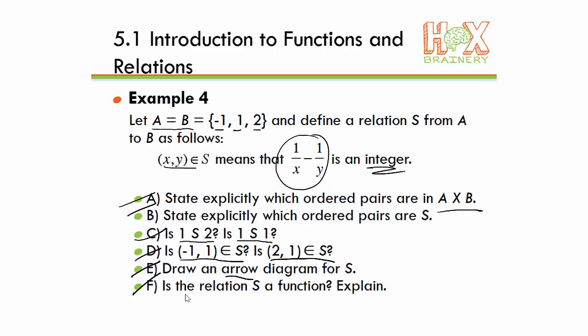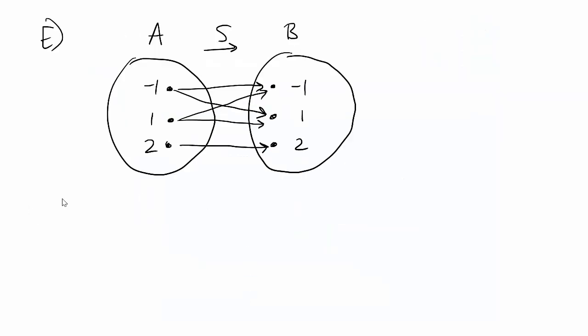And then part F, last one, is the relation S a function, and explain. So don't just write yes or no, actually give an explanation for these. So S is not a function.